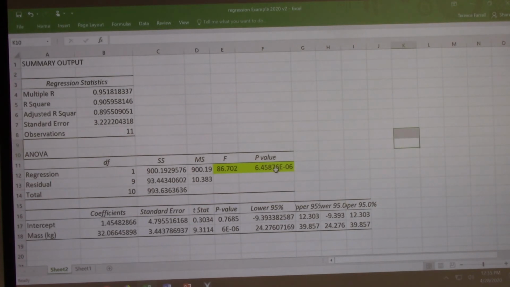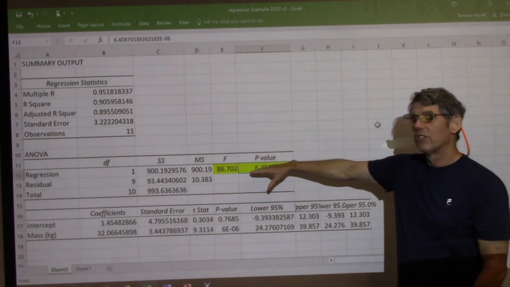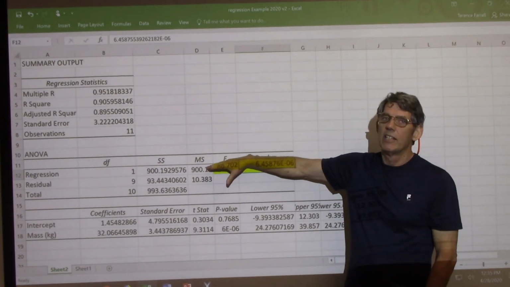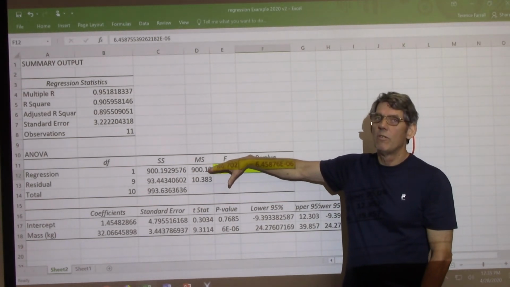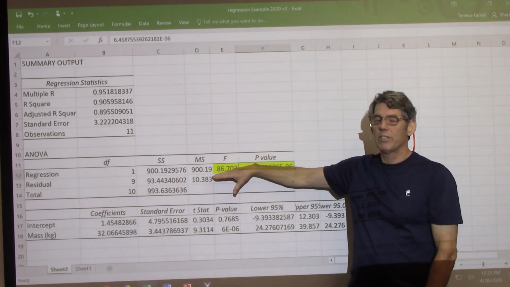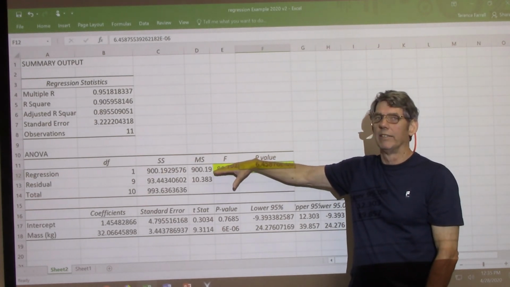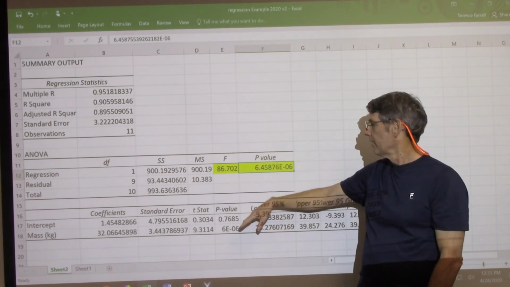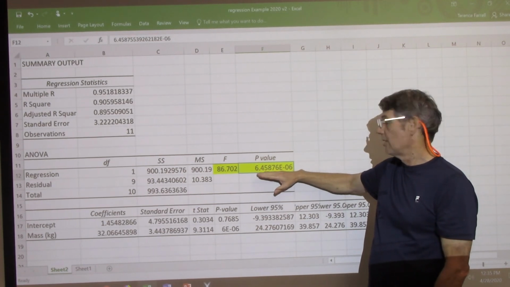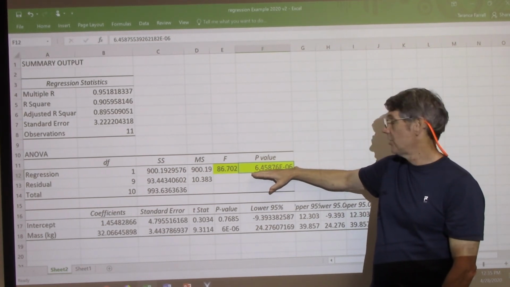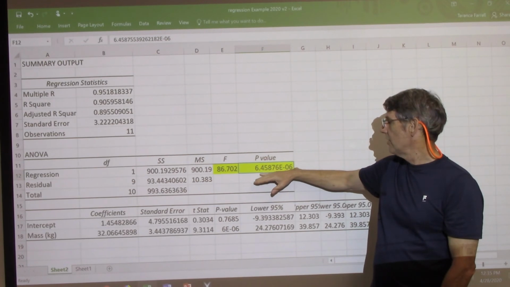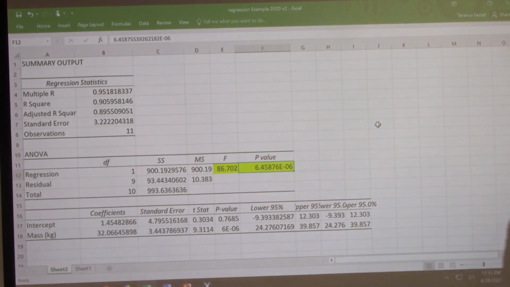And you interpret this p-value the way you interpret other p-values. The null hypothesis here is that the regression has no predictive value, that there's no association between x and y in a linear sense. Because this is less than 0.05 by a lot, we reject the null hypothesis, and so this tells us we've got a statistically significant regression.